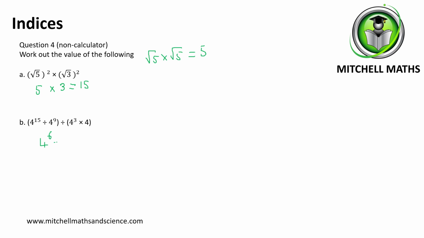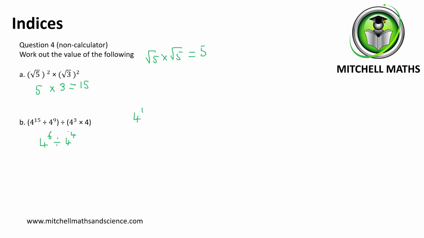And we're going to divide it by 4 to the power of 3 times 4. Now, when there's no power there and it's just a number, it's actually to the power of 1, so you just have to imagine there's a 1 there as a power. When we add the indices together, 4 cubed times 4 is 4 to the power of 4, because you're timesing the 4 an extra time.